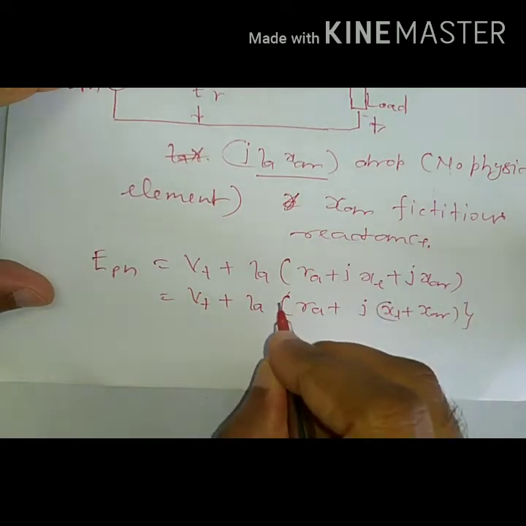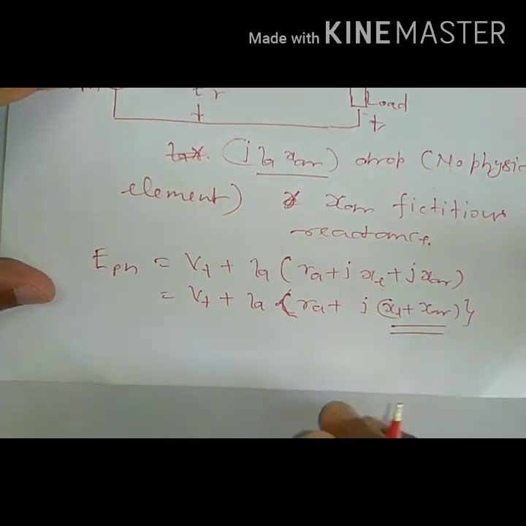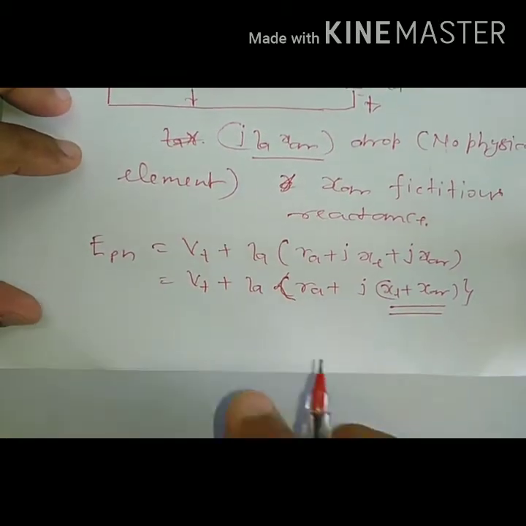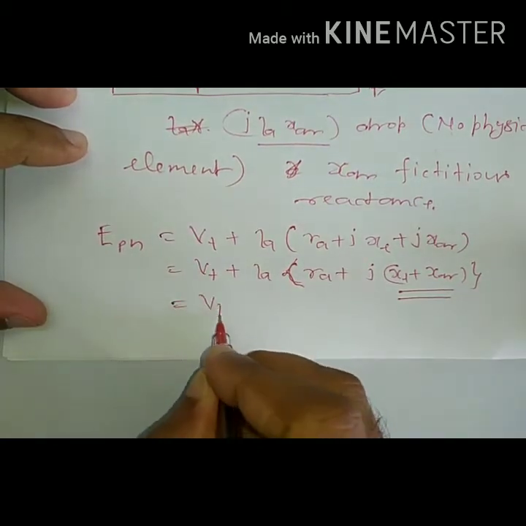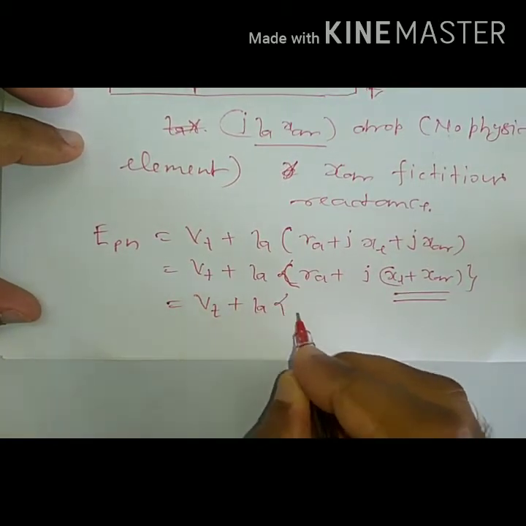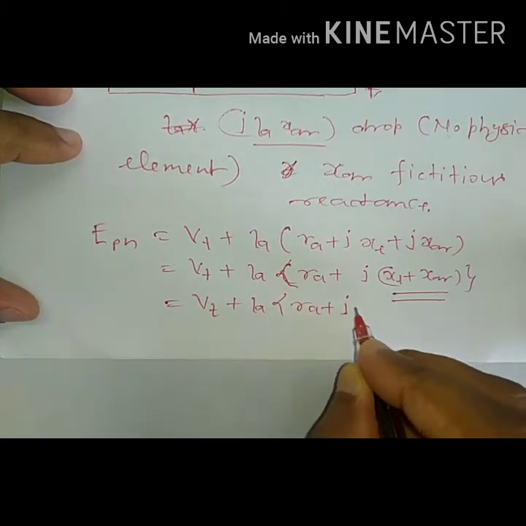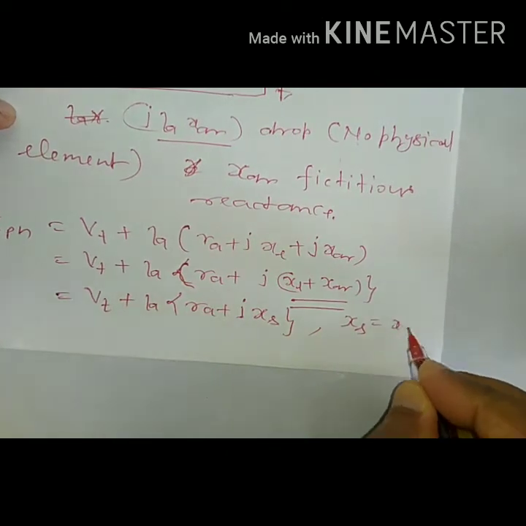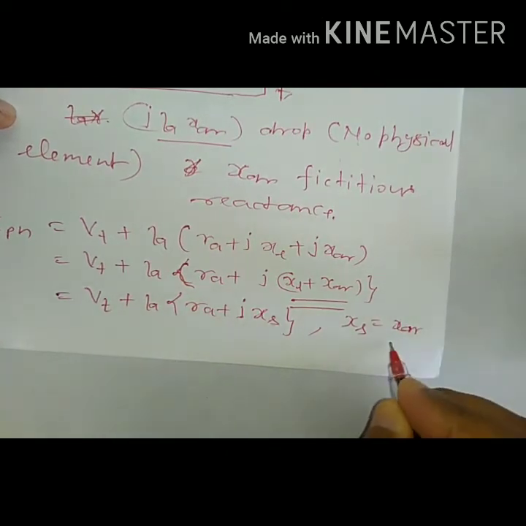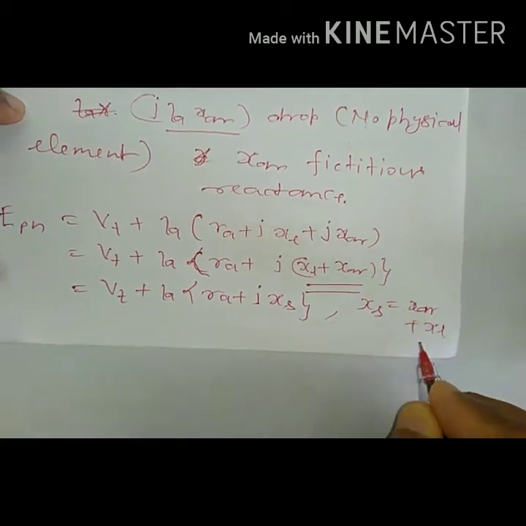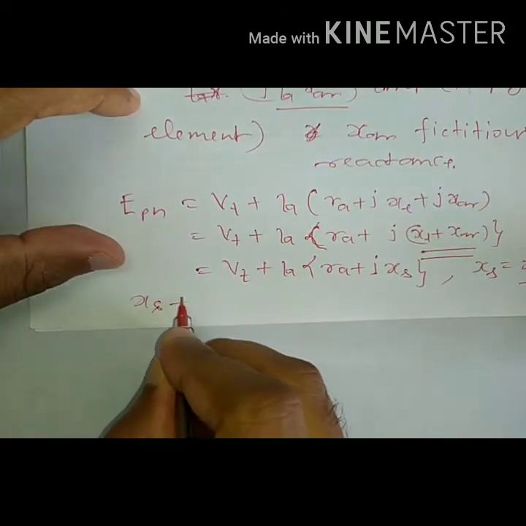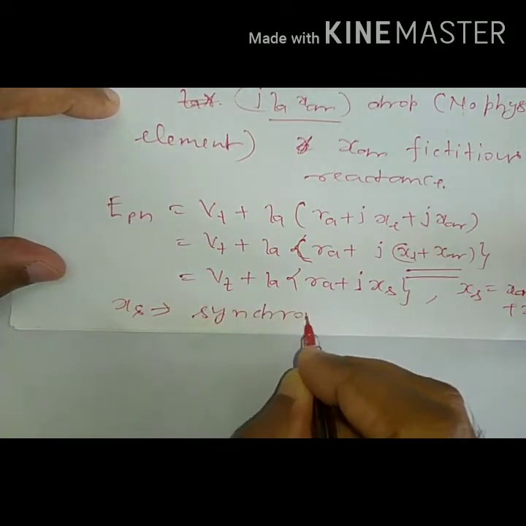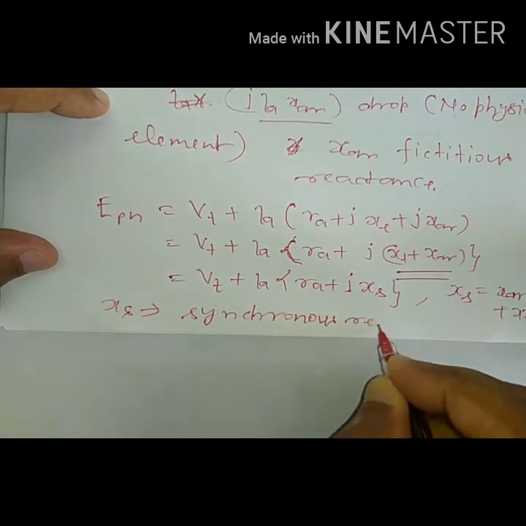These two reactances are added together and it is known as synchronous reactance, XS. I can write it as IA into RA plus JXS, where XS is XAR plus XL, and it is known as synchronous reactance.